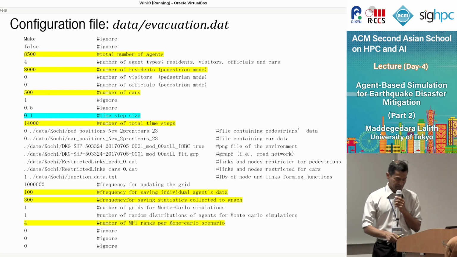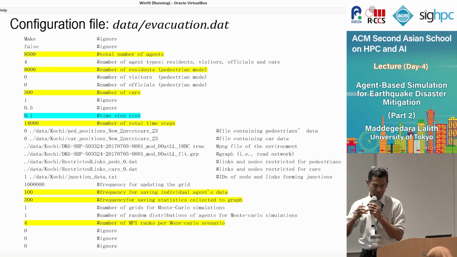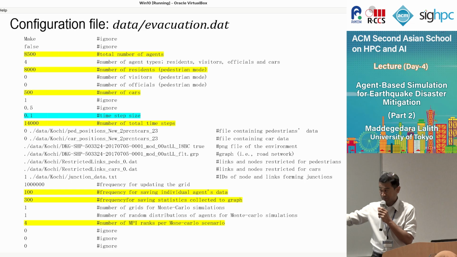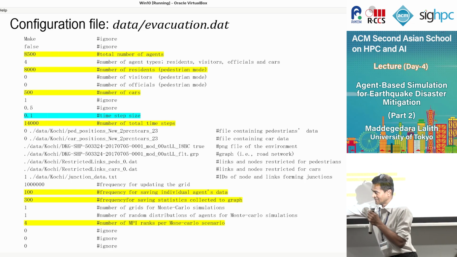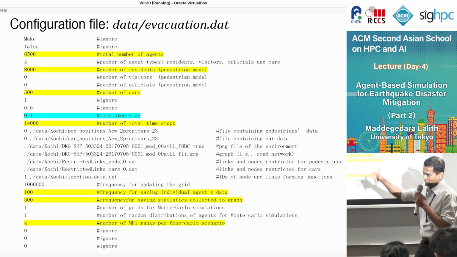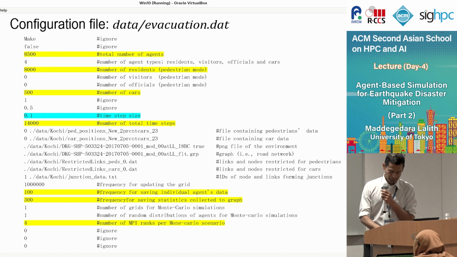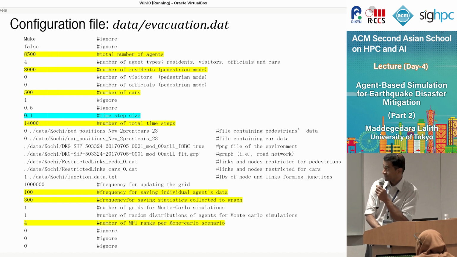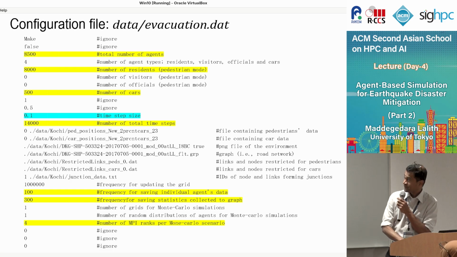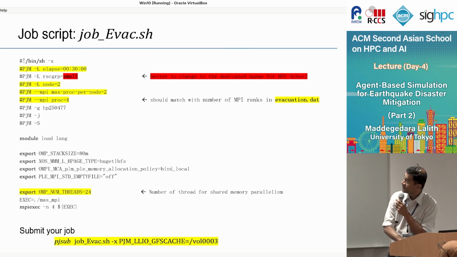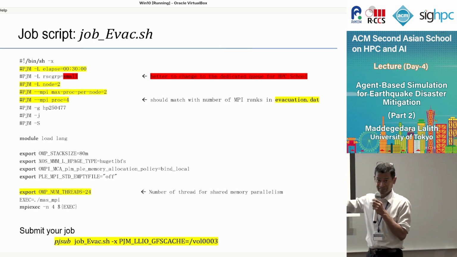Usually this is not necessary, but since sometimes we want to do Monte Carlo simulation, we ask MPI to give a large number of MPI ranks, and we spawn multiple simulations simultaneously. That's why we need it. So later you can change these numbers, but for the time being, let's submit this as it is.